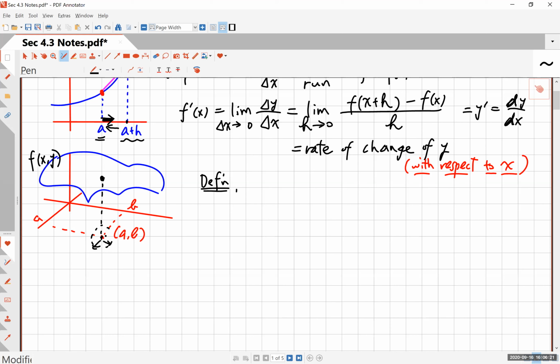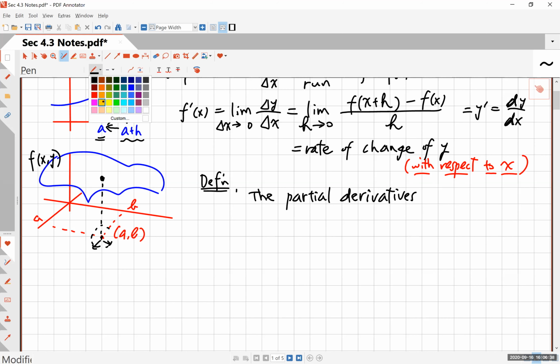But fundamental to that idea of the directional derivative is this idea of the partial derivatives. This is one of the most important things you learn in Calculus 3, probably one of the first distinctively multivariable things, the partial derivatives of f of x.